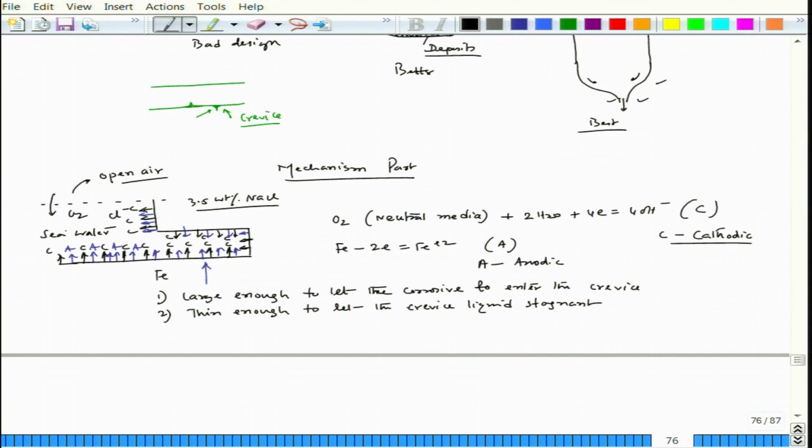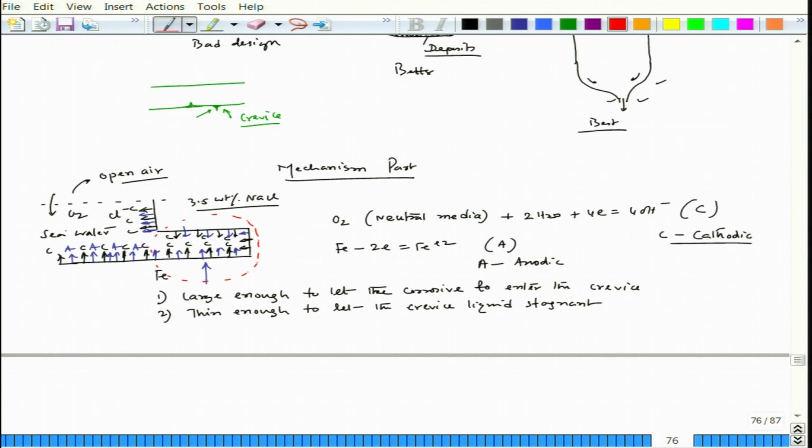Now, in the beginning everywhere you have the oxygen cathodic reaction, oxygen reduction, and iron oxidation, but after some time within this crevice we will have a situation where oxygen is depleted.